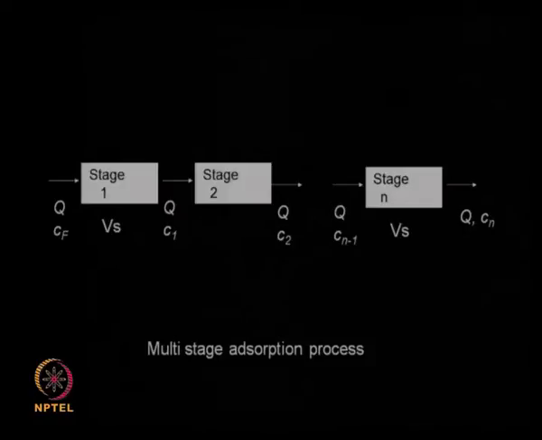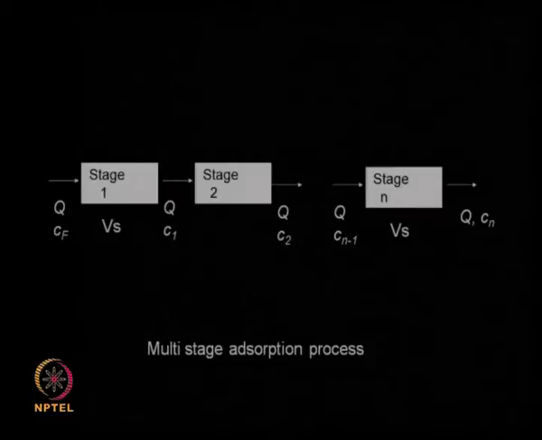So the previous case I said it is a packed bed model, this is called a discrete stage model. So people have attempted to model the solute partitioning or solute adsorption from the continuous phase into stationary phase by using either a packed bed model or a multi-stage ideal model. We will look at these models once again later on in the course of this particular adsorption.